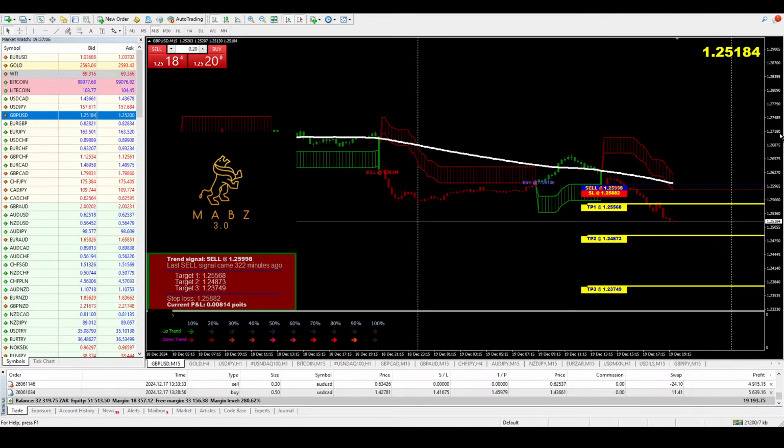You don't want to be buying against the trend, because we make profit when the market moves in our direction. The market has to move, so it's always best to trade in the direction that the market is moving.